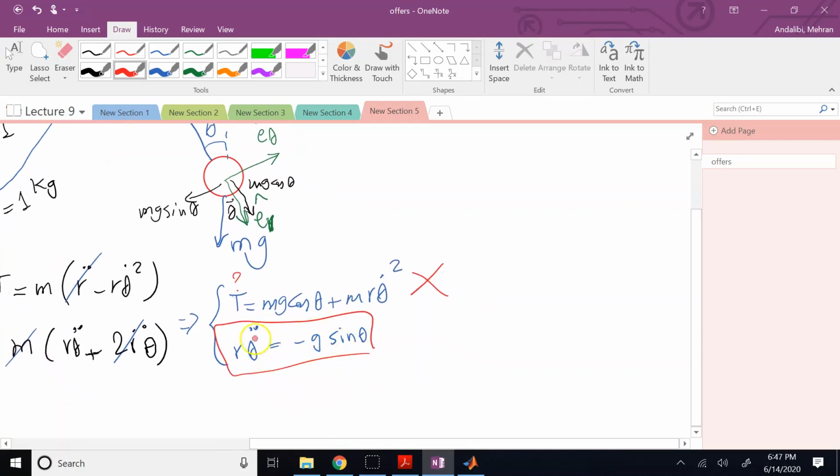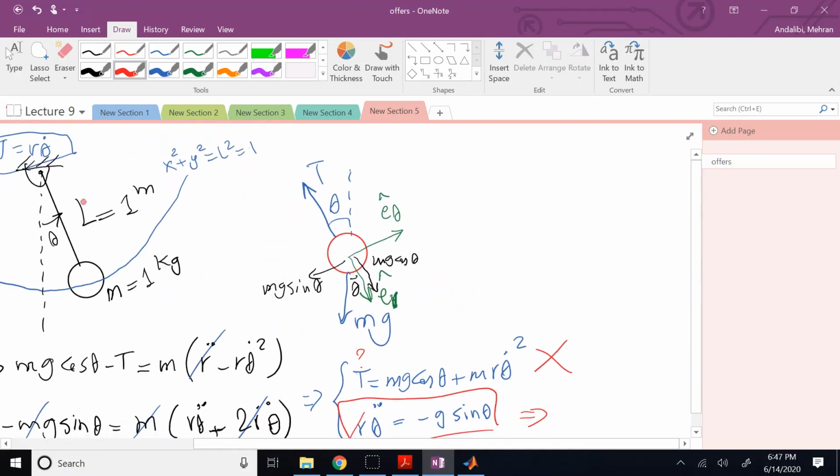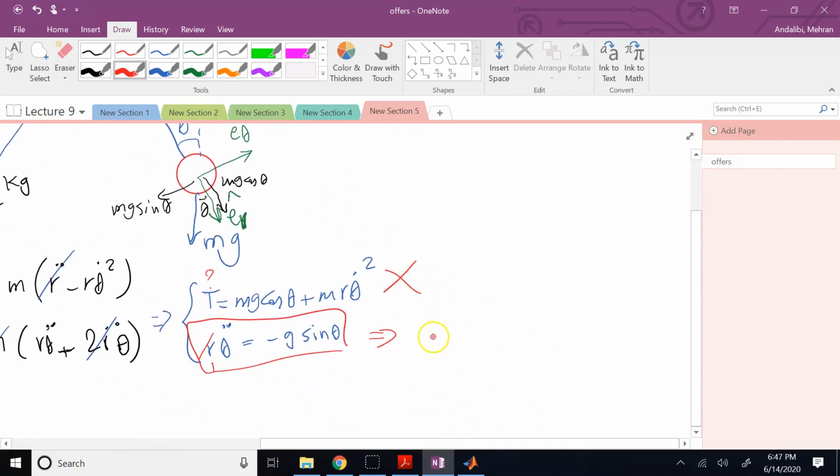Clearly the bottom ODE is second order, but it is non-linear. So if you look here and knowing that r is 1, r is the same as L, right? So the bottom equation is theta double dot is equal to negative g sine theta.